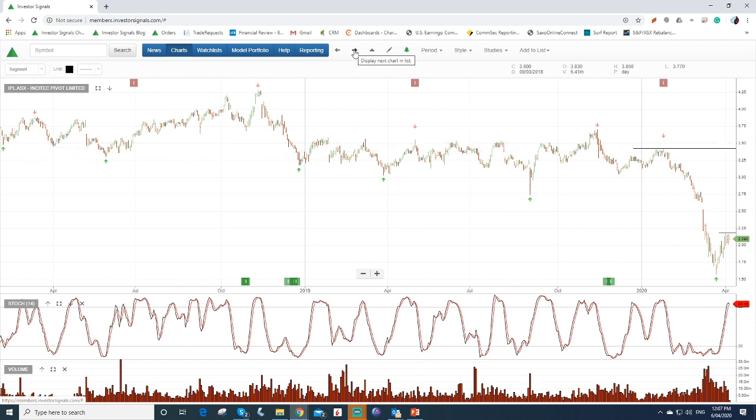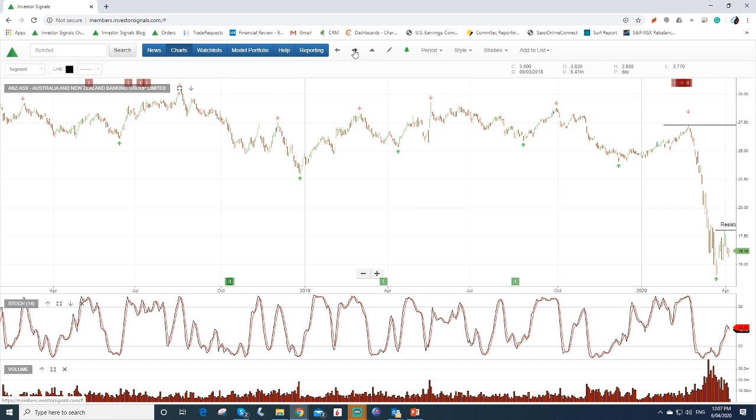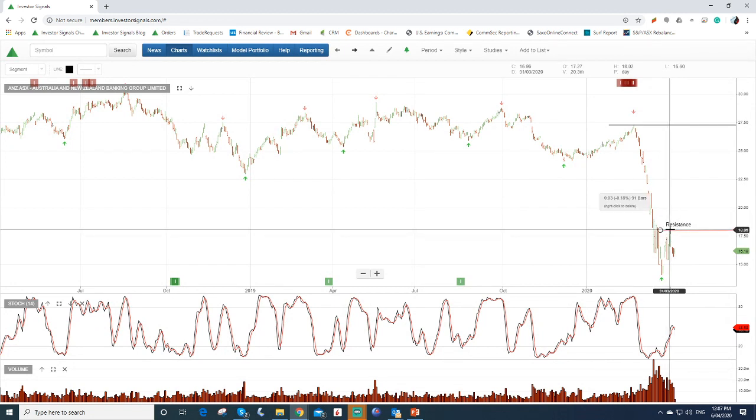Incitec Pivot, so some resistance there at around 220. Bank of Queensland, so all these banks still cautious on them, and ANZ. So you can see here that I've marked this as resistance. So if that pattern in the Nasdaq resolves in a negative way or in a bearish way, then the two stocks that seem to stand out to me are ANZ and Suncorp on the short side.